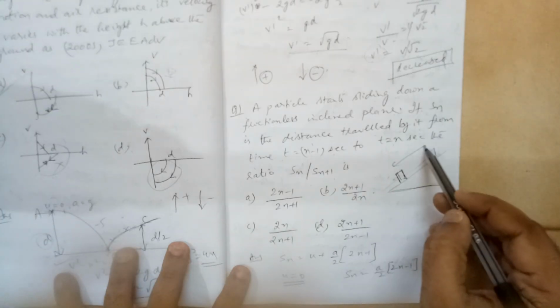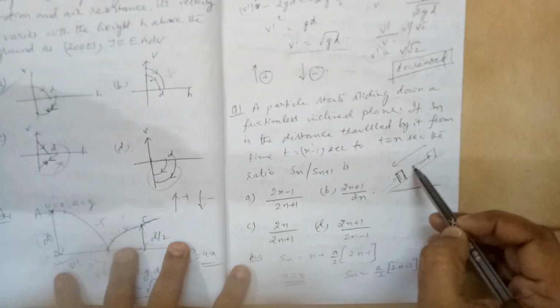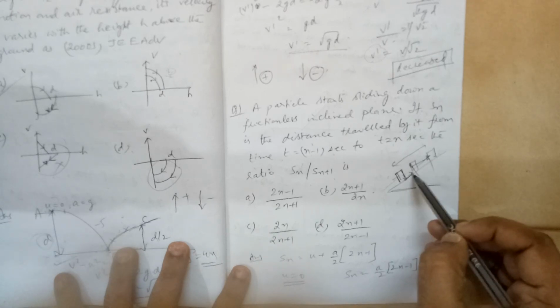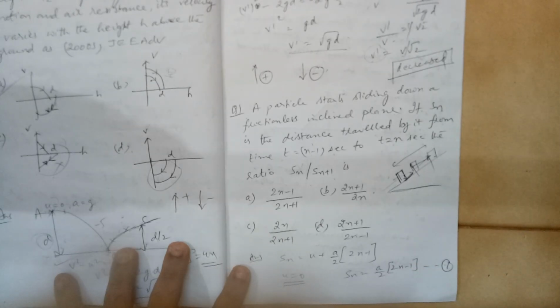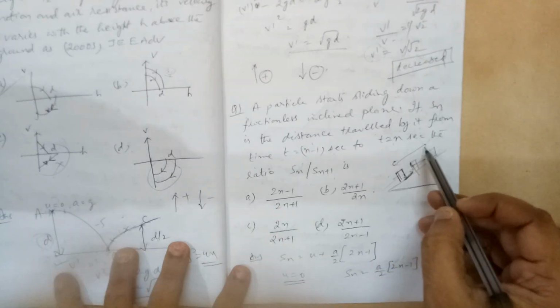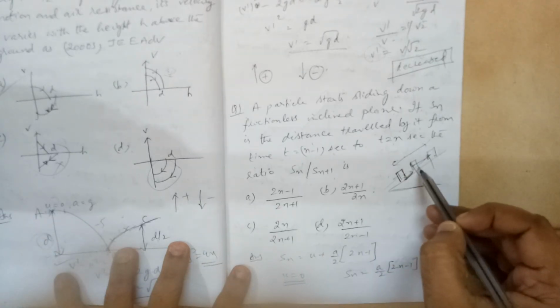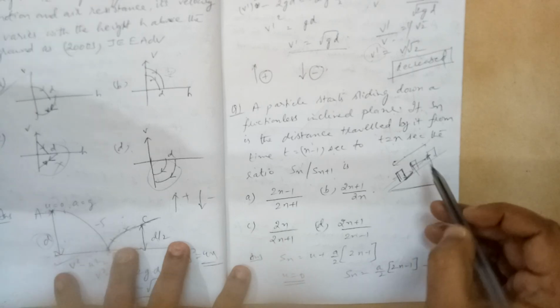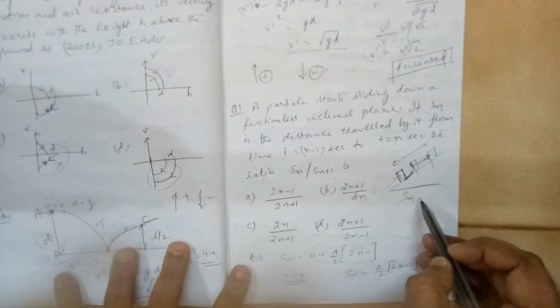So let us say it takes n seconds here. So in n minus 1 seconds it might have traveled some distance, right? So this is the Snth, right? Because distance traveled in n seconds minus distance traveled in n minus 1 seconds is Snth.